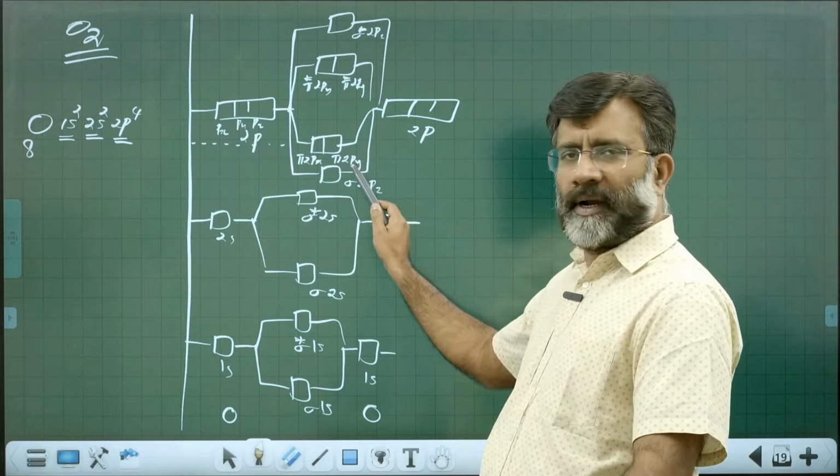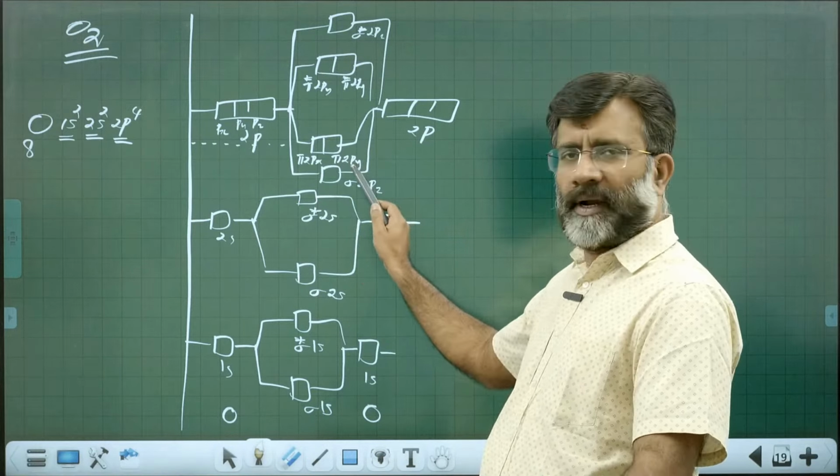Sigma 1s, sigma star 1s, sigma 2s, sigma star 2s, pi 2px equal to pi 2py. Next, pi star 2px equal to pi star 2py and sigma star 2pz.